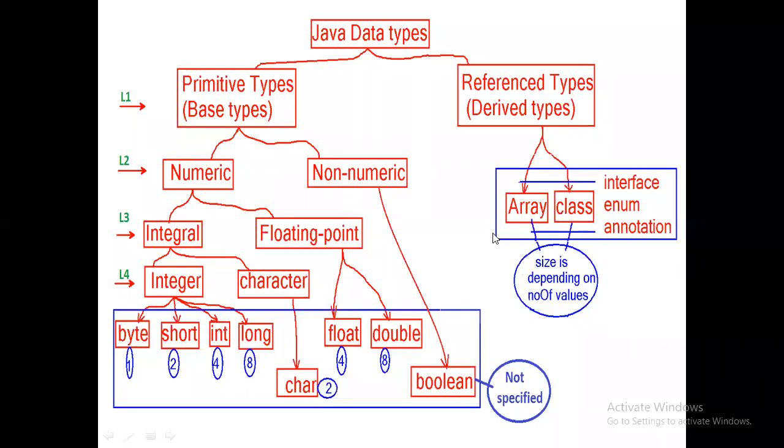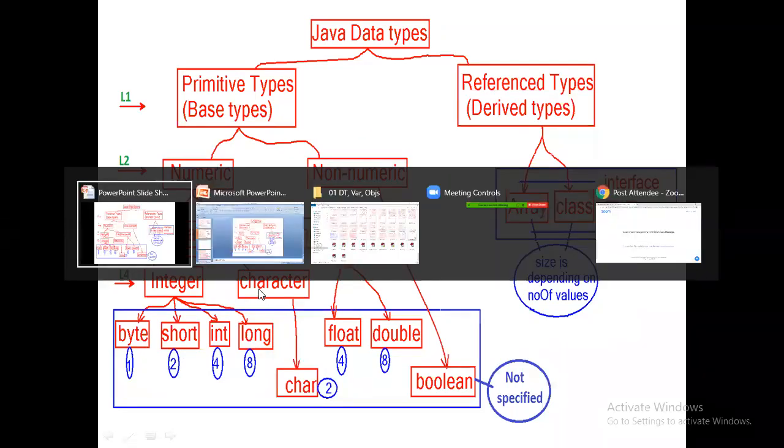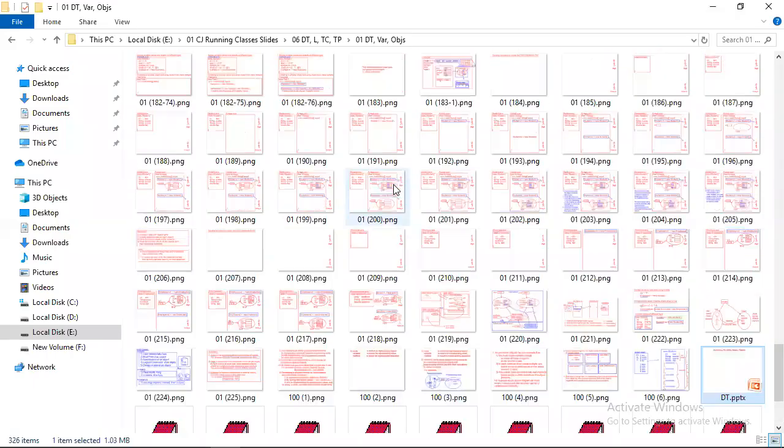Okay, now this is the hierarchy. First you need to understand byte, short, int, long: when to use byte, when to use short, when to use int, when to use long. If I want to store integer values, what data type must I use?